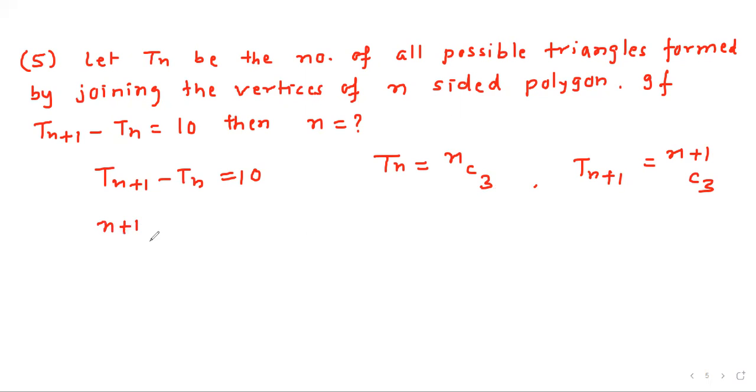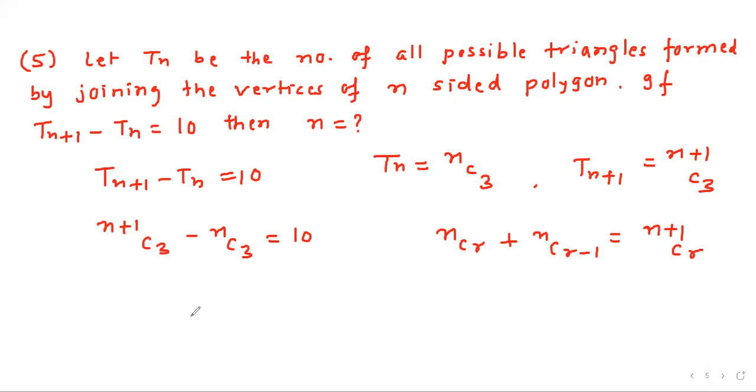So (n plus 1)C3 minus nC3 equal to 10. We know the formula nCr plus nC(r minus 1) equal to (n plus 1)Cr.